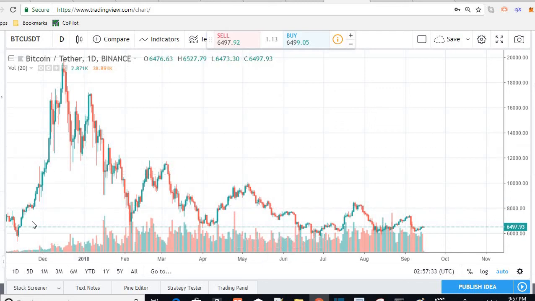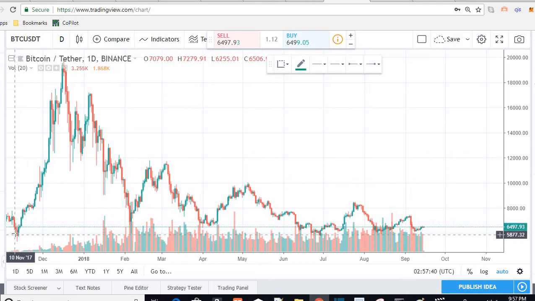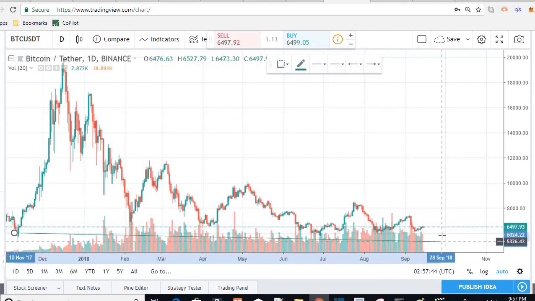And also, the other thing is that this resistance right here, we have had a resistance here for almost 1 full year.